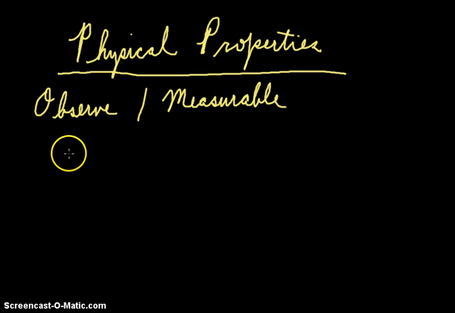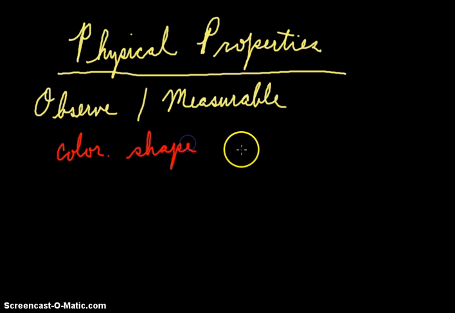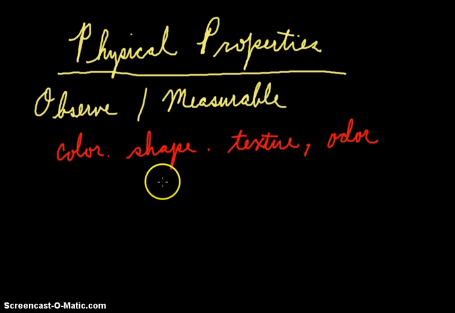actually measure. So some examples of these would be the color, maybe the shape, maybe the texture, maybe even the odor. All right, those are all observable qualities that you can use with your senses.